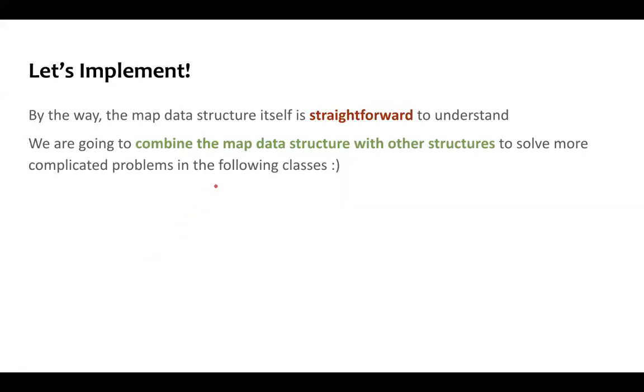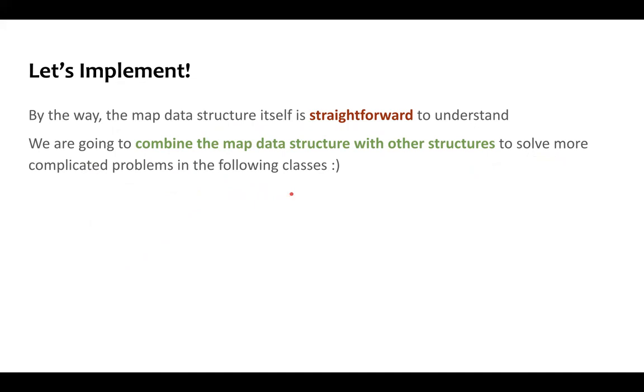And as usual, similar to sets, map data structure itself is very straightforward and easy to understand. And we are going to combine this map data structure with other structures to solve more complicated problems in the following classes.